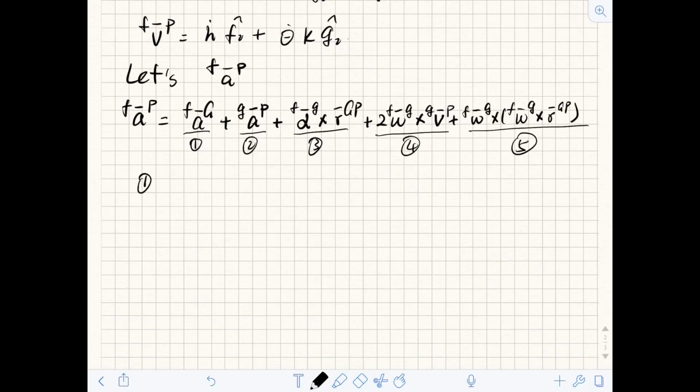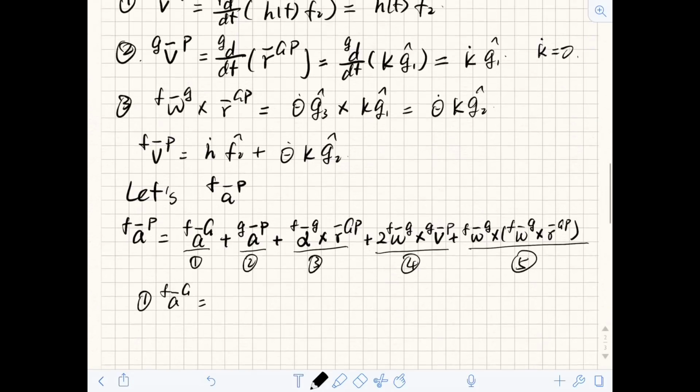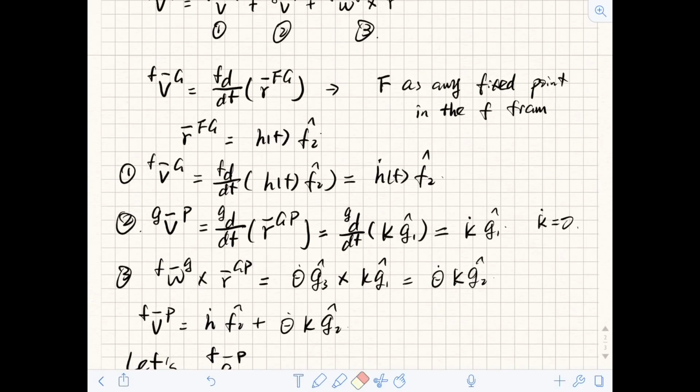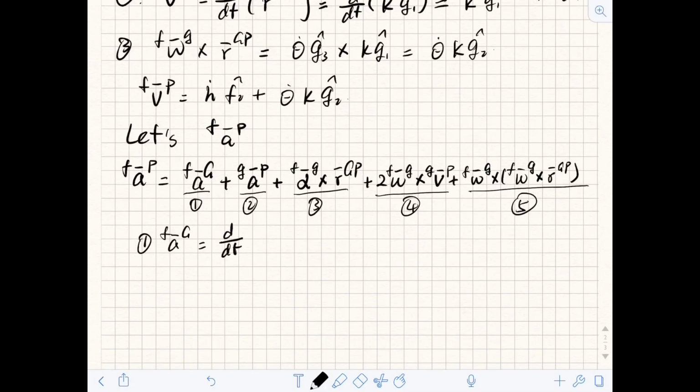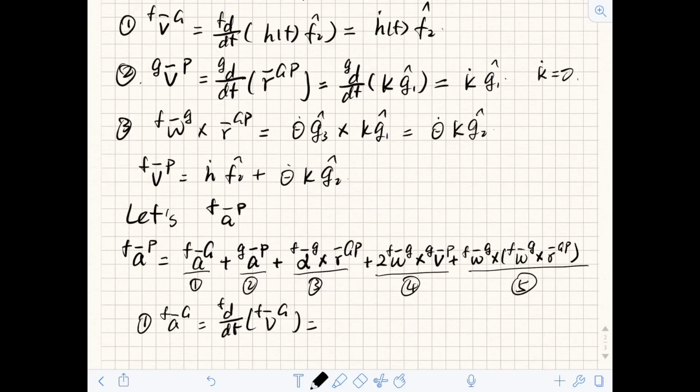The first term is the acceleration of the point G in F. We already have the velocity of the point G in F as h dot F2, and now we can replace the derivative of the velocity of G in F, which gives us h double dot F2.